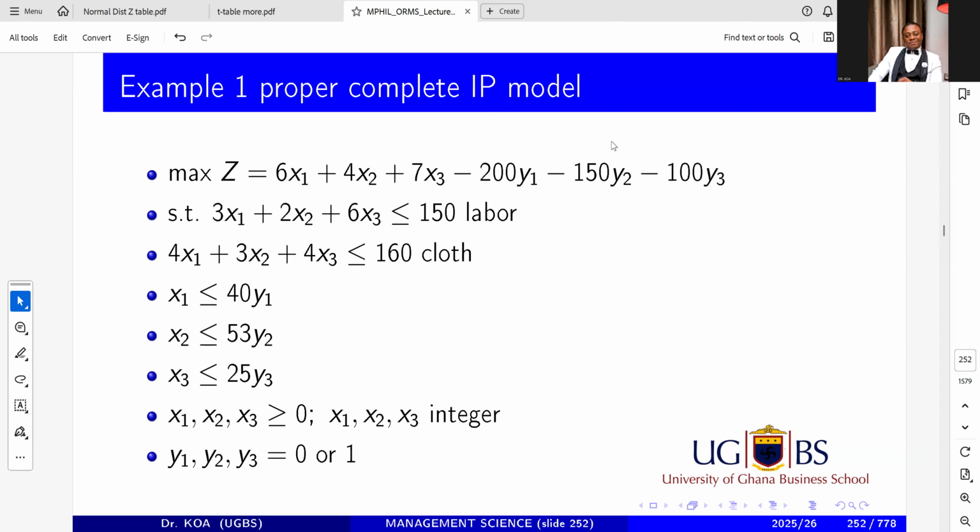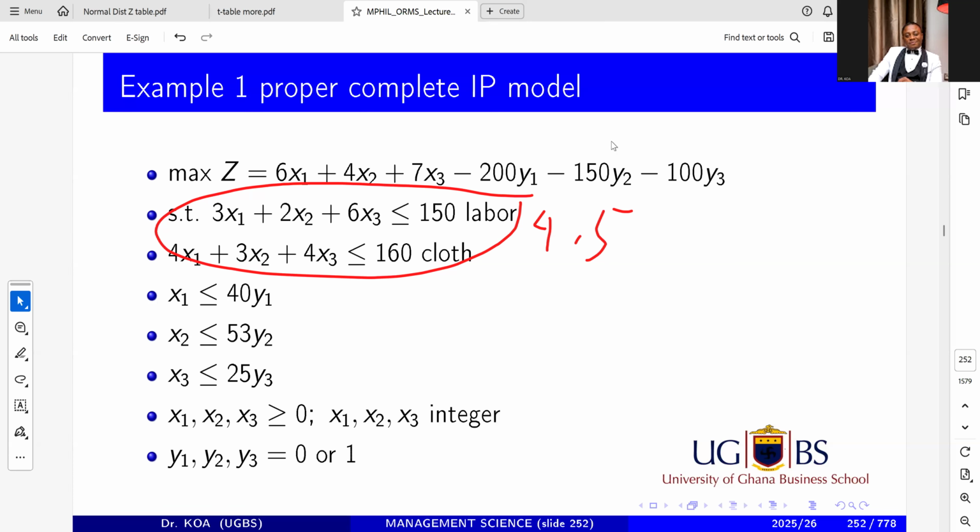Let me tell you possible things that can change. The constraints here are just 2. The constraint can increase to 4 or 5. It doesn't matter. All you have to do is assume that X2, X3, X4, X5 are 0, and you find X1 in each constraint.